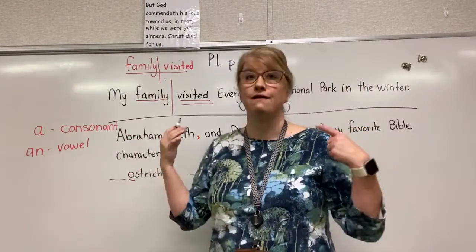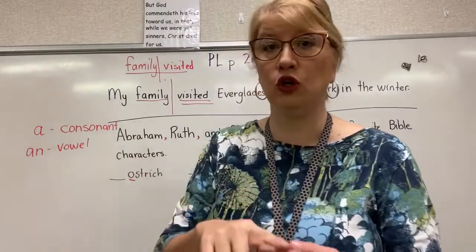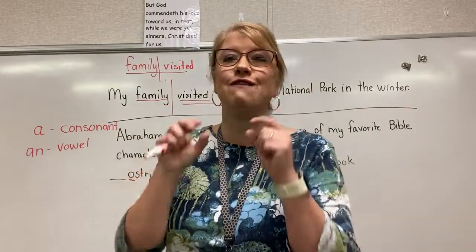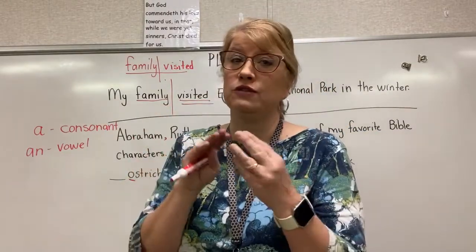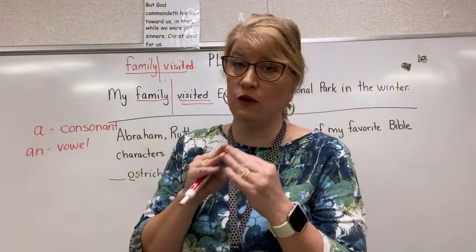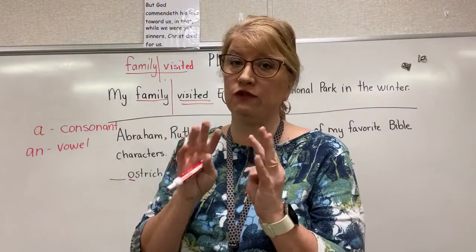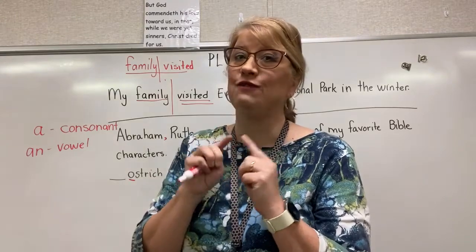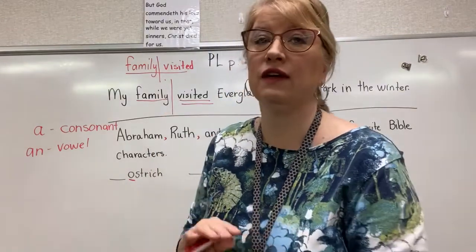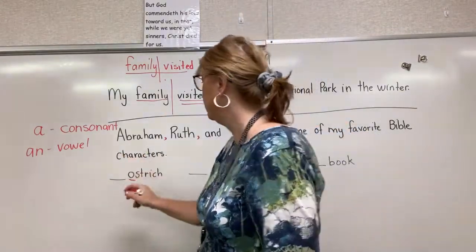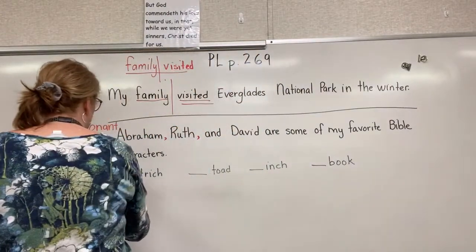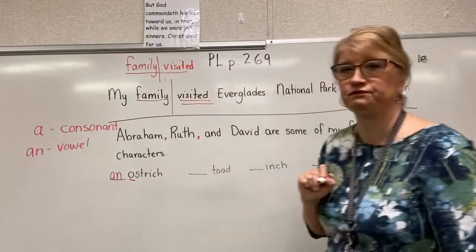O is a vowel, A-E-I-O-U. It has to say the vowel sound. Now some special sounds will also say a vowel sound, and you have to remember that if it says the vowel sound, then it uses an. So we would put an ostrich.